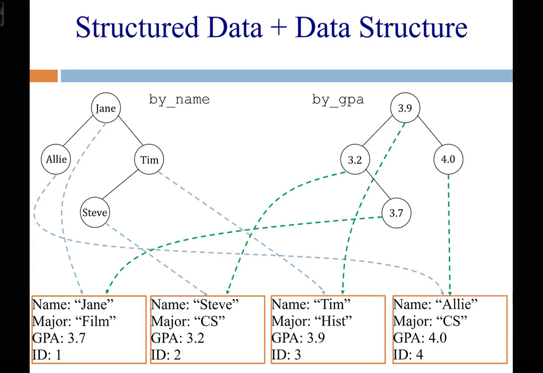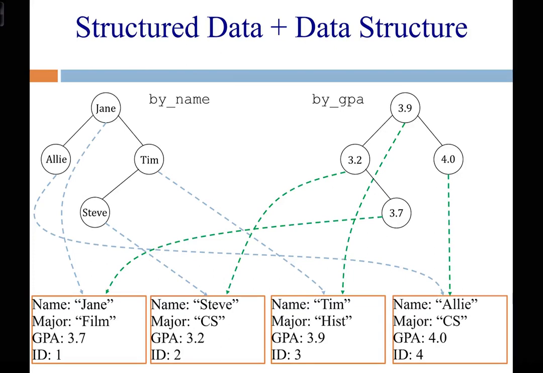Okay. Now I want to reiterate. Let's look at these trees and the data. The raw data itself is just somewhere on disk or in memory. The orange boxes are the raw data. They are not necessarily in any particular order.